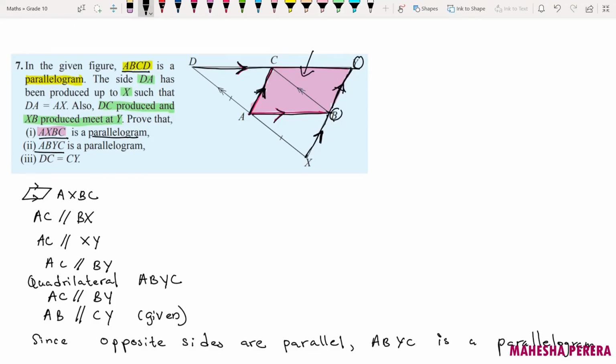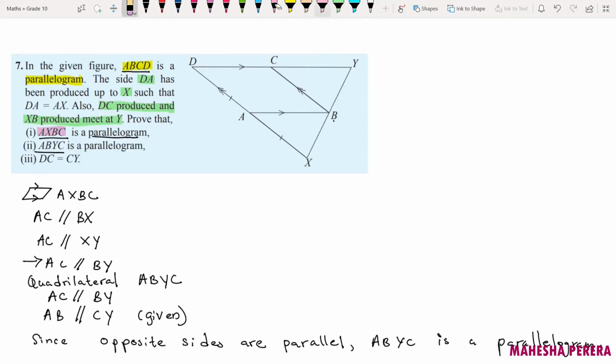Let's say in the quadrilateral ABYC, AC is parallel to BY because we found out here AC is parallel to BY. And also AB is parallel to CY and it's given already. So we can say that since opposite sides are parallel, ABYC is a parallelogram.